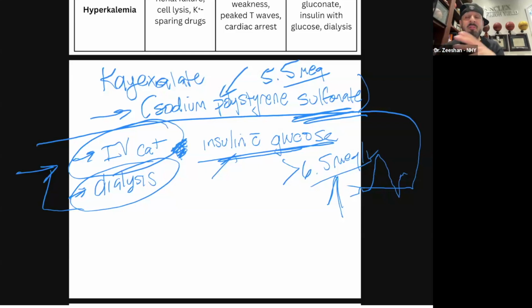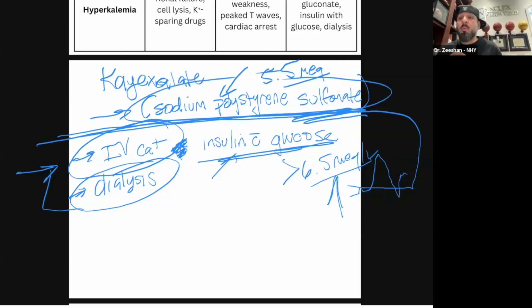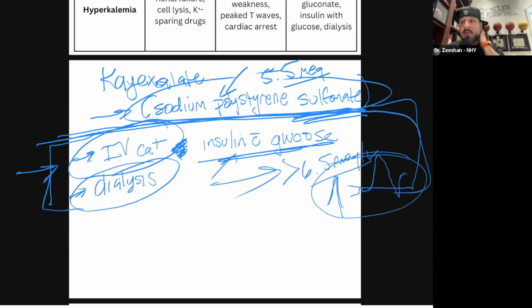A lot of people tend to go with sodium polystyrene sulfonate and disregard IV calcium, insulin with glucose, or dialysis, or you get confused. But there is a fine line between where we can do something a little bit slower, where we're not in trouble, versus where we are in trouble and we're seeing EKG changes, or we have an elevated potassium level of 6.5 and above, and we are freaking out about it. Cool.